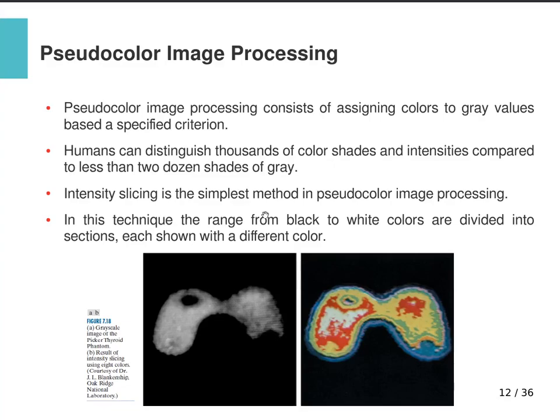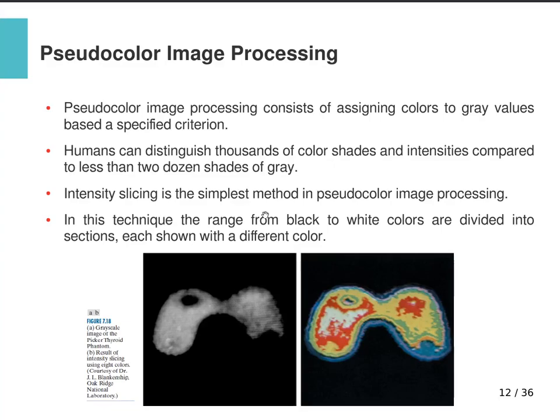The first thing that I want to talk about is the concept of pseudocolor image processing, in which we work with grayscale images, but what we do is that we assign colors to gray values based on a specific criteria. So why do we do that?